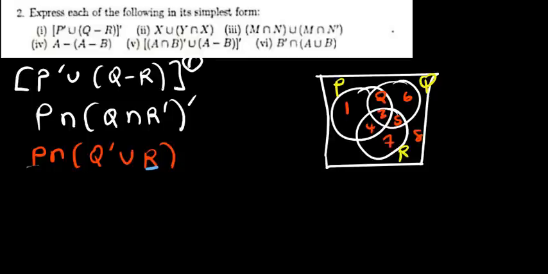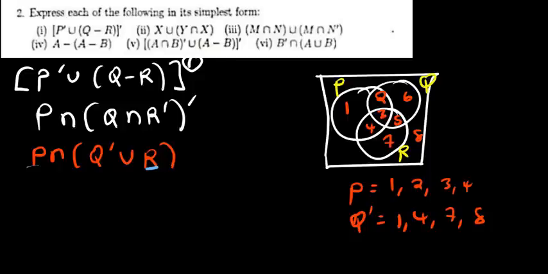Then if you list the numbers you have in P, you have 1, 2, 3, 4. In Q, now we are talking about Q complement. So I'll list Q complement: I remove Q, so I have 1, 4, 7, and 8. Then I also have R. So R, I have 3, 4, 5, 7.